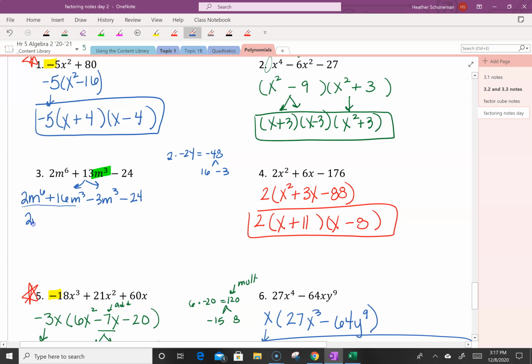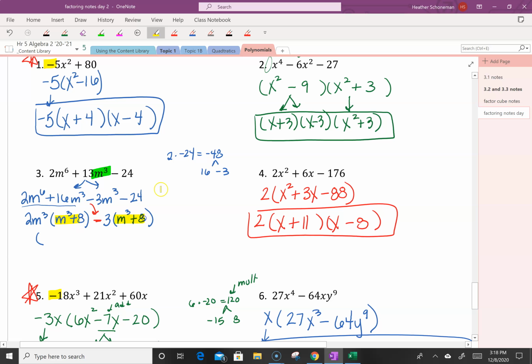Out of the first two, I can take out 2m cubed. That leaves me with m cubed plus 8. Whatever the sign is in the middle, I'm going to copy it straight down. So I'm going to take out a minus. Out of the next two, I can take out a 3. But it's really a negative 3, which is going to change the sign, so I'm going to get m cubed plus 8.